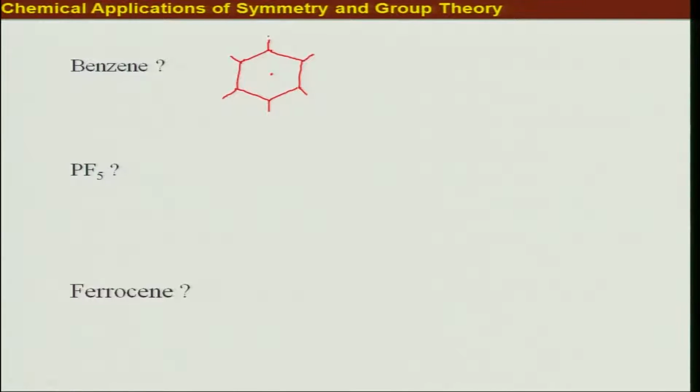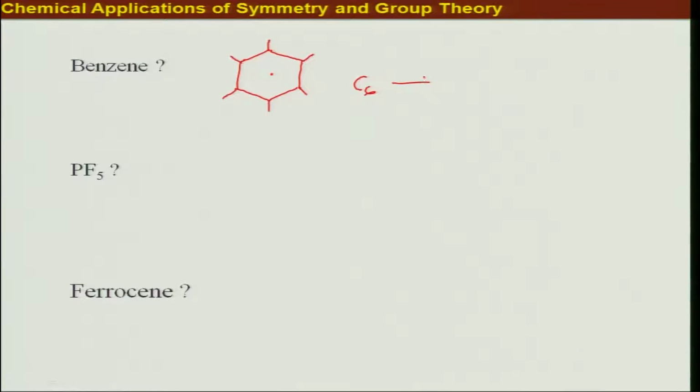I am not drawing the pi cloud here, so assume that the pi cloud is there and that it is symmetric. It should be implied. Now, if I imagine an axis passing through this point and perpendicular to the plane of the molecule, then that is my C6 axis, and I do not have any other C6 axis. So, C6 is my principal axis of symmetry.